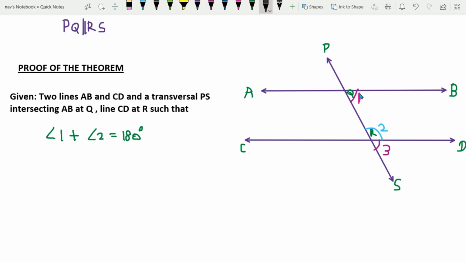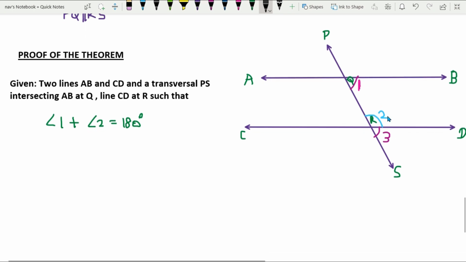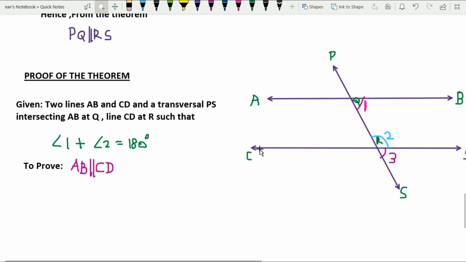That is, it is given that angle 1 plus angle 2 is equal to 180 degrees. What do we have to prove? We have to prove that line AB is parallel to line CD.